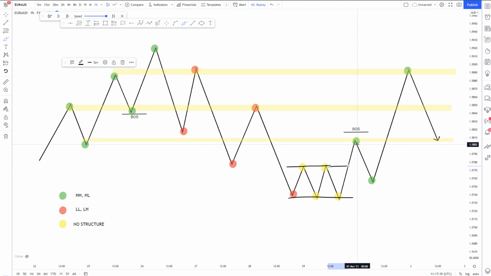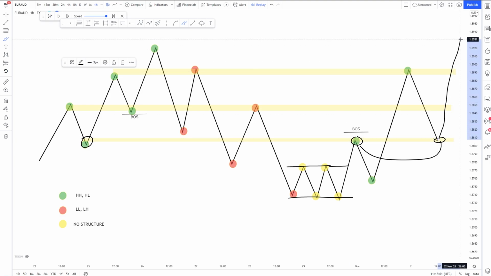After that, price came back up, makes a higher high, higher low. Of course, this is not always going to touch a support or resistance. It makes a higher high, higher low, and this higher low was stopped at the previous higher high. So this all acts as confluence for your trade to take it to the upside.